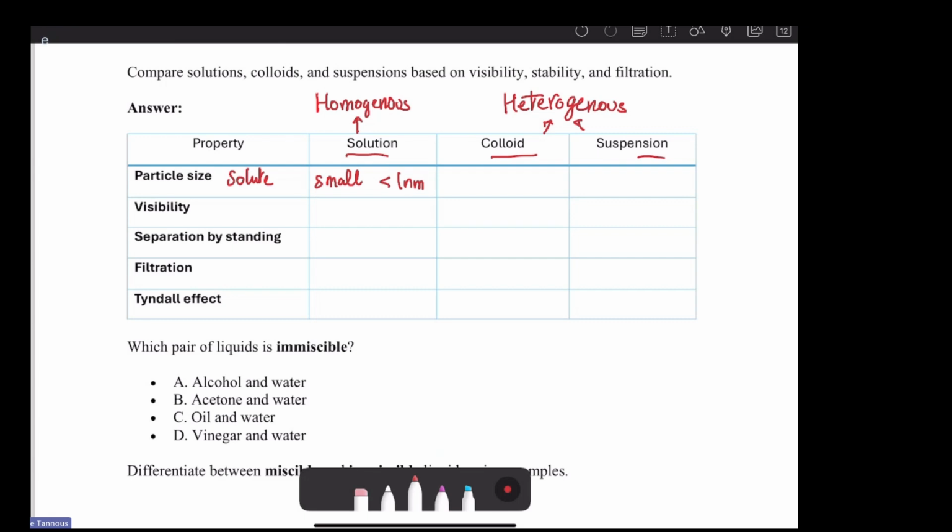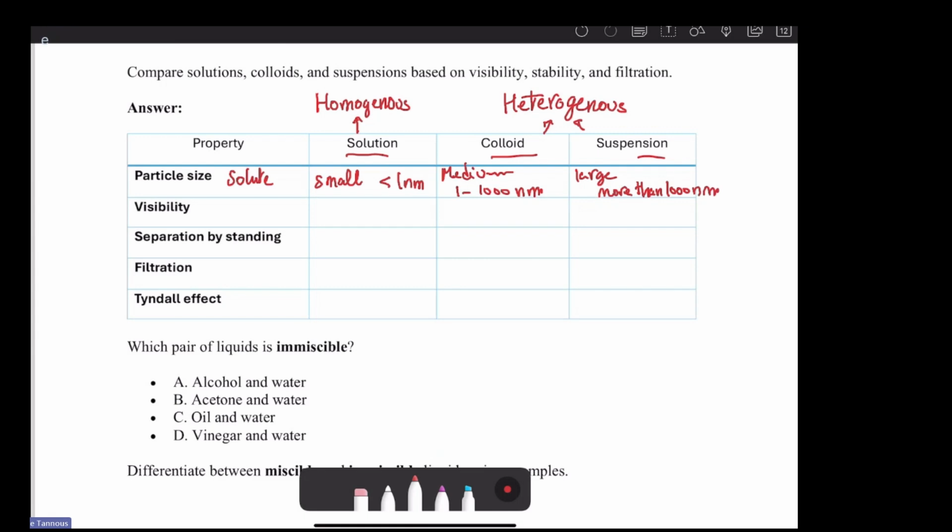However, the colloid particles don't. So we say medium size, and memorize the sizes: between 1 and 1000 nanometers. However, the suspension has a large size, more than 1000 nanometers.